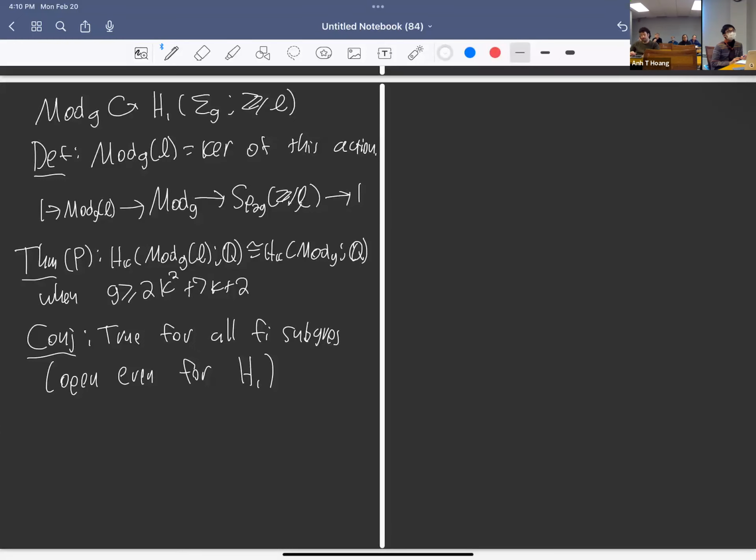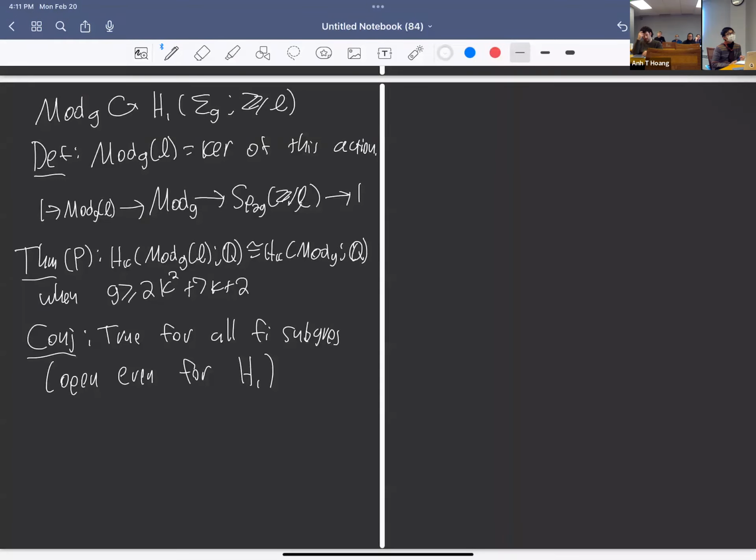If I knew the most optimistic possible thing about the cohomology of the Torelli group, then it would imply this theorem. If you knew that in a stable range, the homology of the Torelli group was finite dimensional, and not just finite dimensional, but also a rational representation of the algebraic group Sp_2g, then that would imply my theorem.